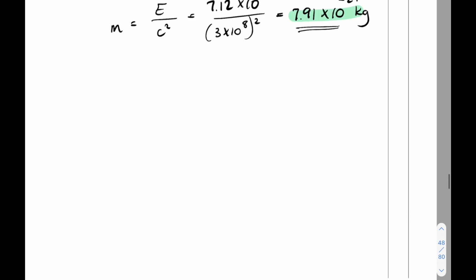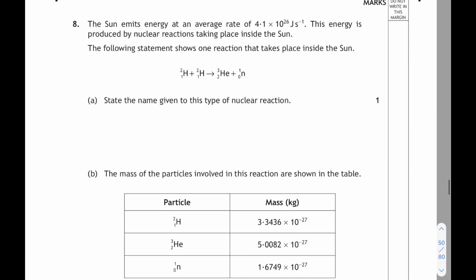Right, hopefully that's the end of the standard model stuff. Let's move on to question 8. This is nuclear reactions. The sun emits energy at an average rate of 4.1 times 10 to the 26 joules per second. And this energy is produced by nuclear reactions taking place inside the sun.